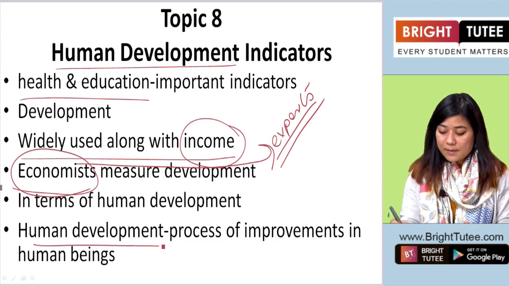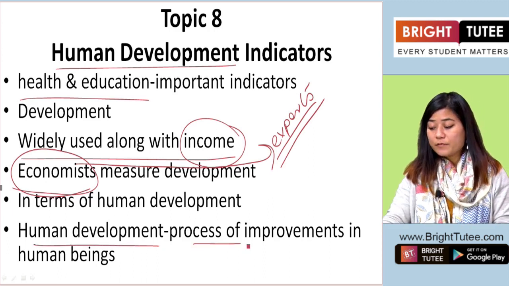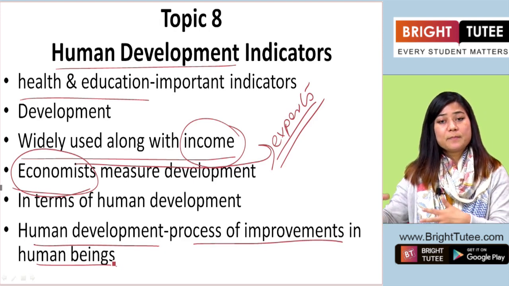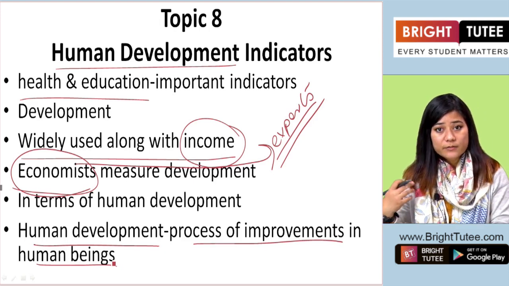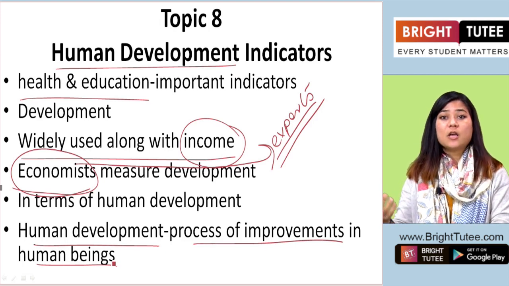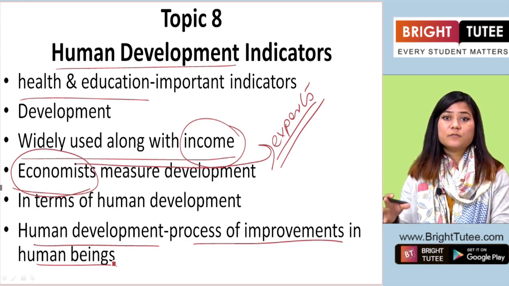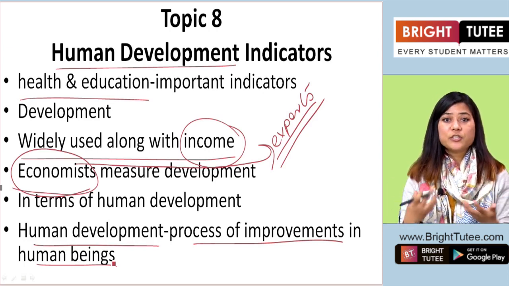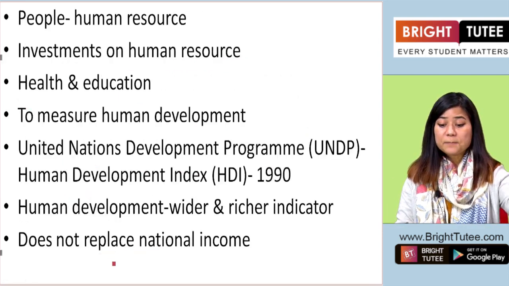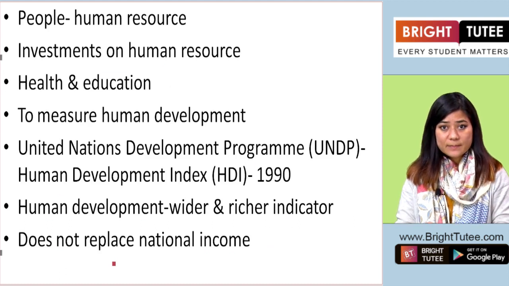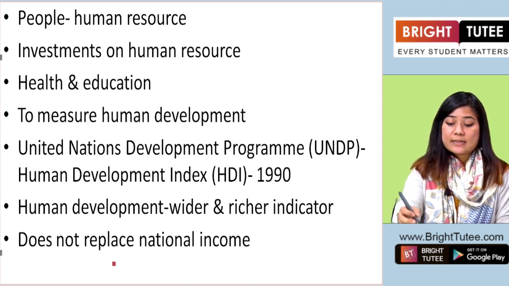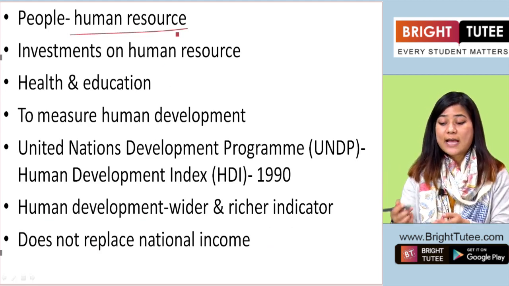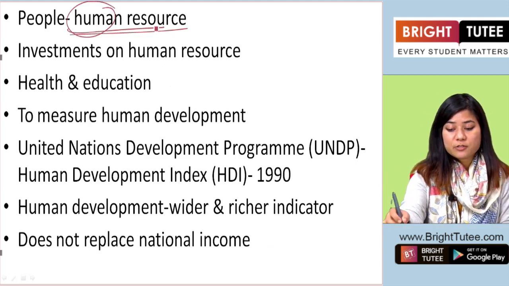Human development is a process of improvements in human beings. All the improvement measures that allow the improvement of the living condition of human beings constitute what human development is. Human beings are one of the important resources, and that is called human resources.